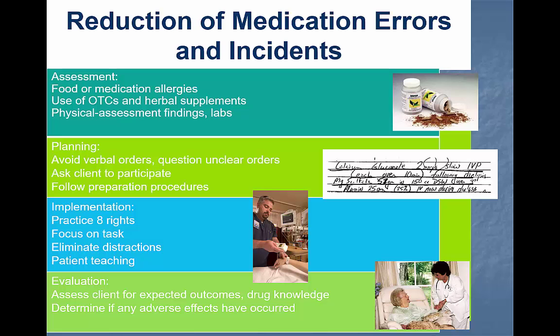Okay, and then planning, you're asking the client to participate and following procedures and making sure there are no unclear orders, that everything's very clear. And you can see there on the right how bad it would be to try to follow that sloppy order. Then your implementation, 5 rights, 6, 7, 8 rights.